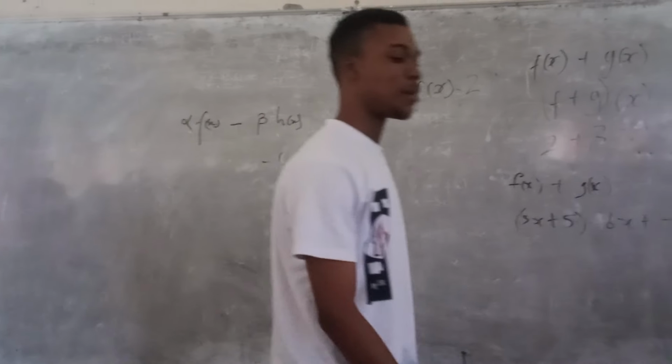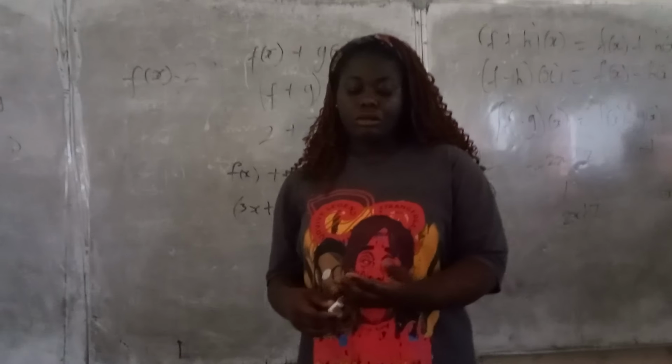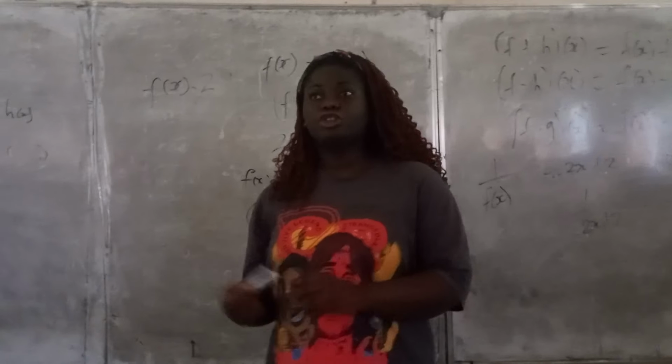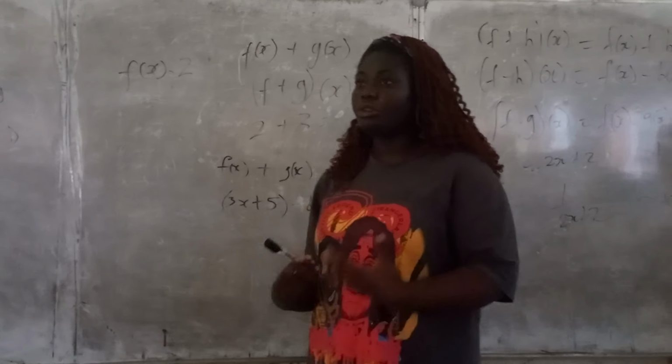Can you tell us all that? What's your name? Algebraic combination of functions are functions that have to do with algebraic operations, and the algebraic combination of functions can be expressed in addition, subtraction, multiplication, and division.